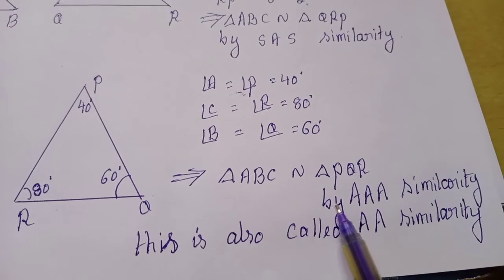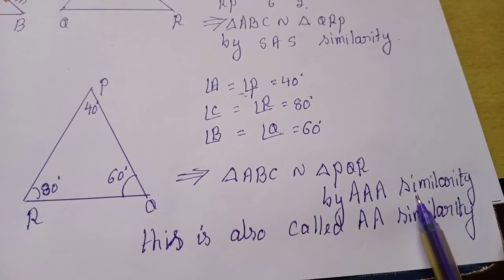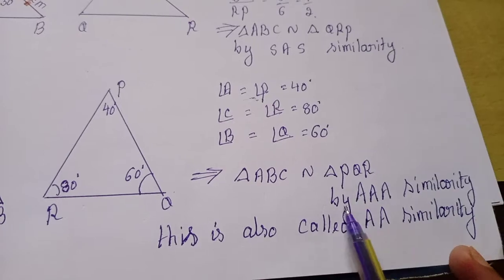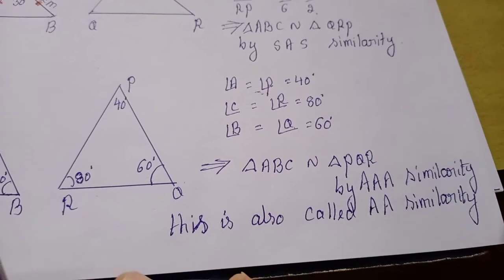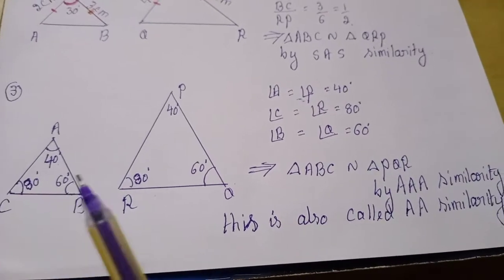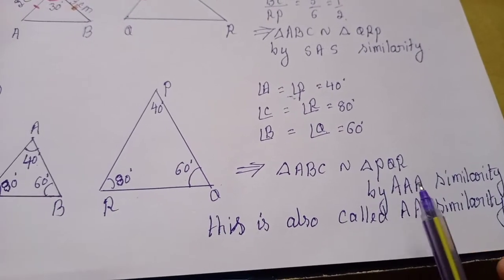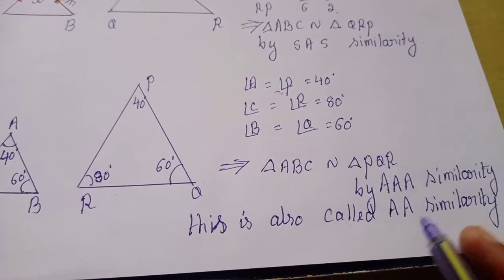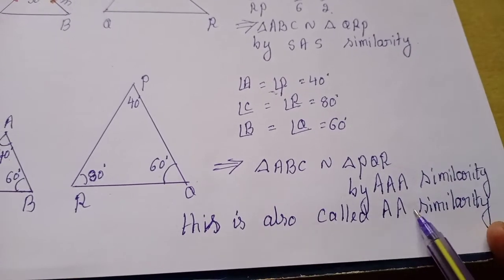Just concentrate: the AAA congruence condition does not exist in congruency, but angle, angle, angle similarity exists. So I can say these two triangles are similar by angle angle angle. Sometimes we treat this AAA as AA similarity.